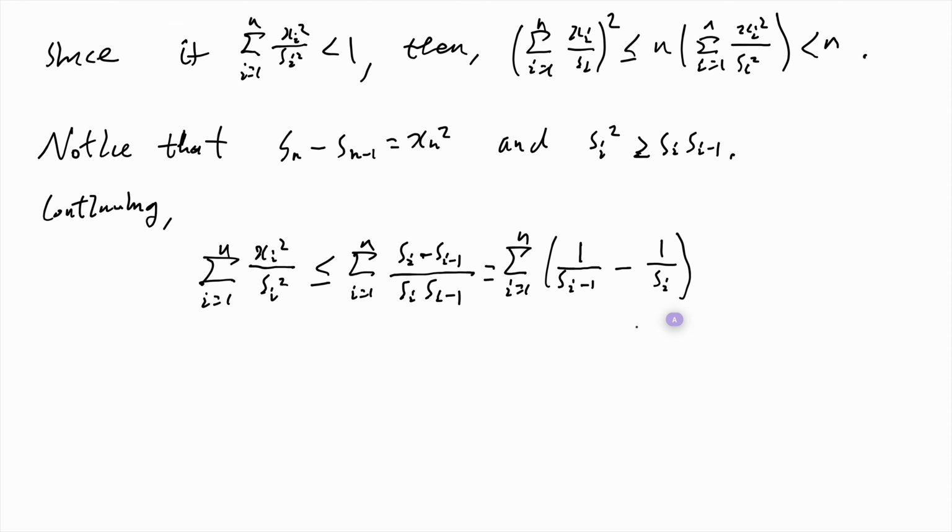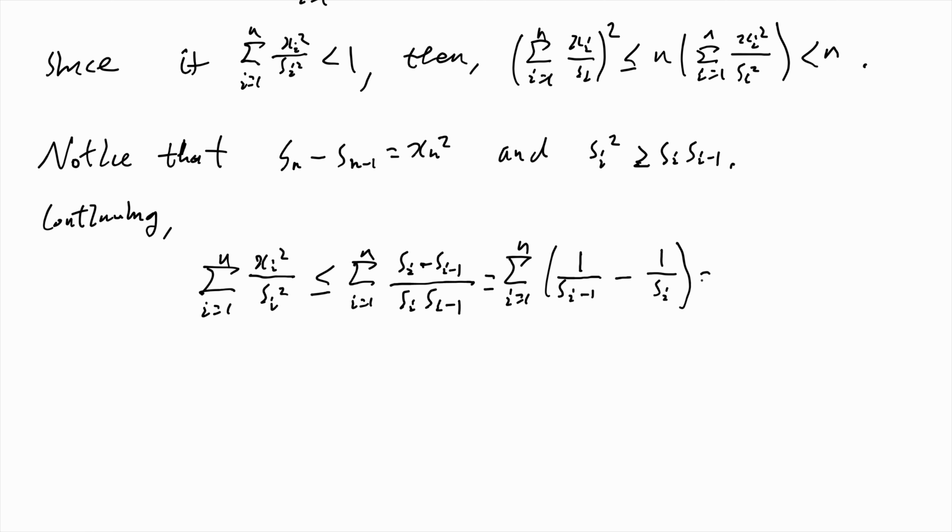And I was like, oh, this actually telescopes. So we know that this is equal to 1 over S of 0 minus 1 over S of n, because all the terms should cancel, and therefore it works, I think.